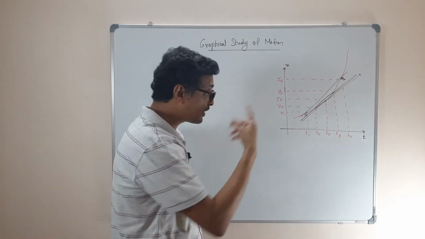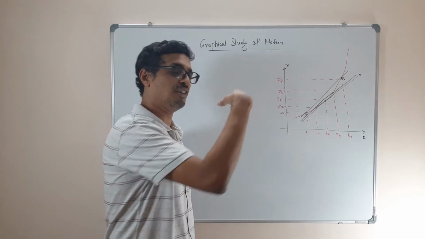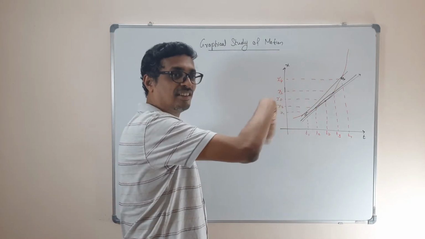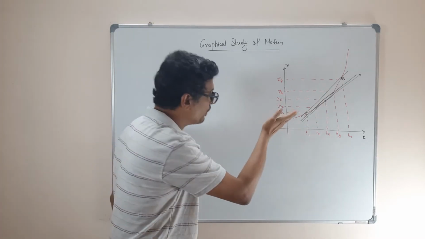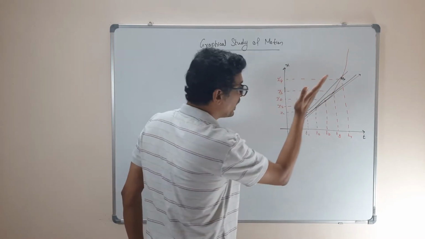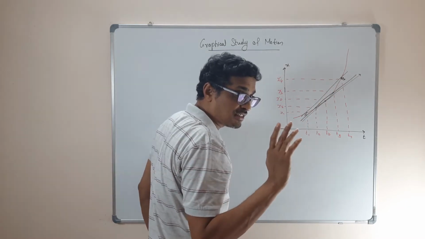Then we can define another quantity, the rate of change of velocity. Earlier we had velocity, the rate of change of displacement. The speed is the rate of change of the path length. Similarly now, from the non-uniform motion, the slopes of these lines are going to be different. That means the velocity is not going to be constant.